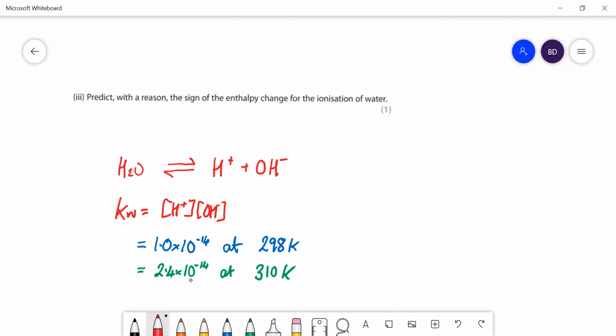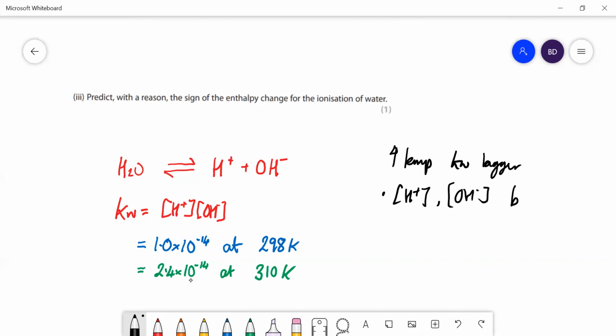It gets bigger. So what that means is, when you increase the temperature, Kw gets bigger. That means the concentrations of H plus and OH minus are both bigger. So when you increase the temperature, the equilibrium moves to the right.